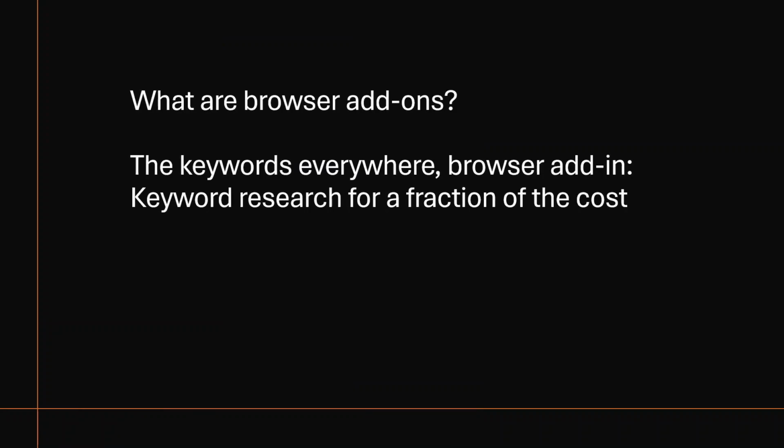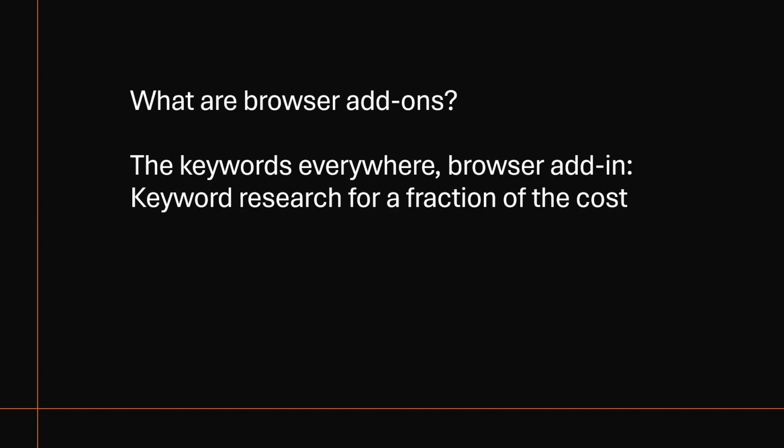What are browser add-ons? You know, you can use them in Chrome, in Firefox, or in Edge, right? They're usually pieces of software that add functionality to the website you're using, and they live in the browser. Now, we'll be using the Keywords Everywhere browser add-in.